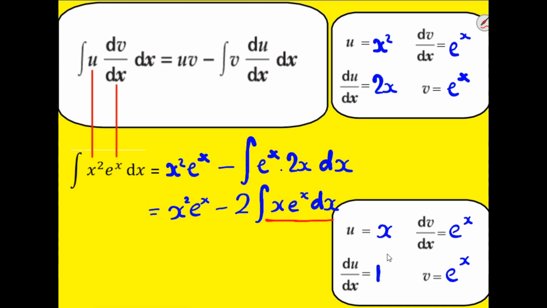So the integral on the right-hand side of the expression, we will now use integration by parts again. We have here u multiplied by v minus the integral of v du by dx.